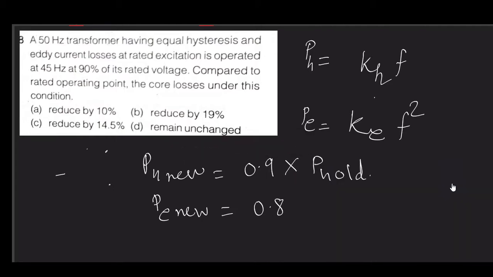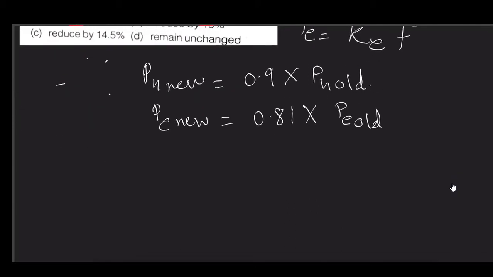So now this will become proportional to P volt. Therefore, the total reduction, if we consider, that is how much? The total reduction is actually 19%.